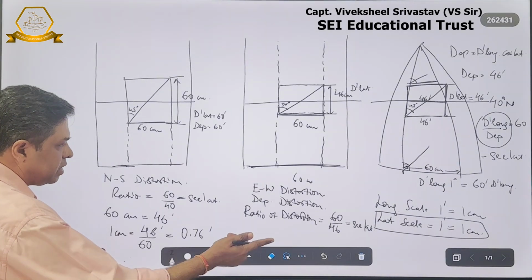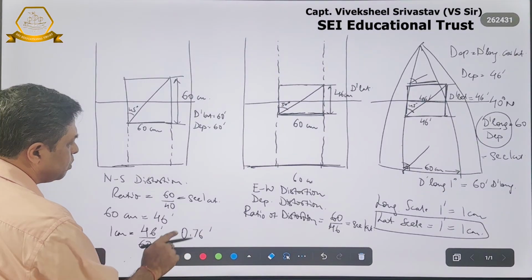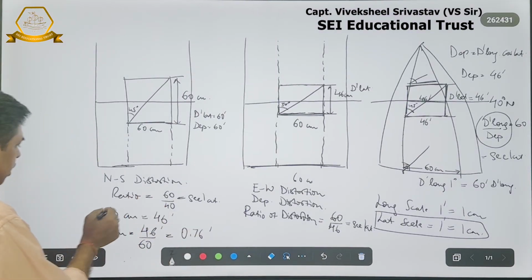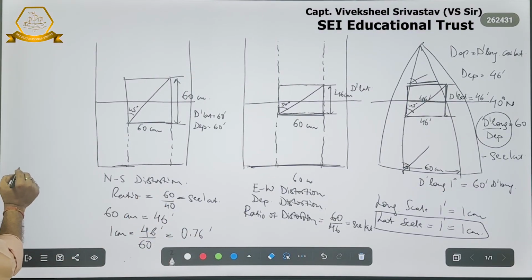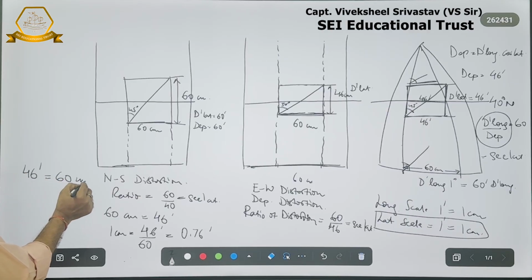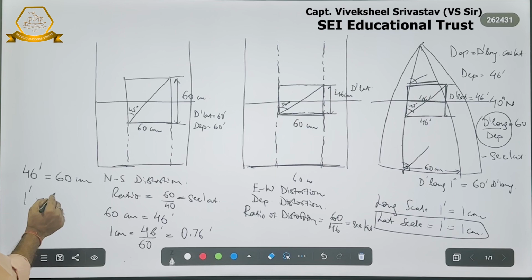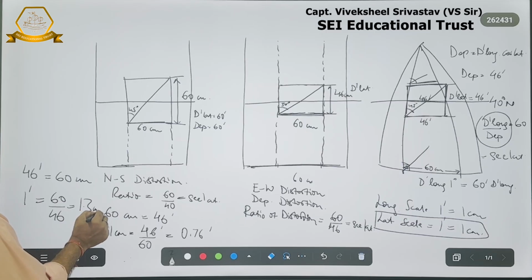So now my scale has changed. Now 1 centimeter is equal to 0.76 minutes, or the other way around also you can do it, like 46 minutes is equal to 60 centimeters. So how much is 1 minute? It will be 60 by 46, which is 1.3 centimeters.